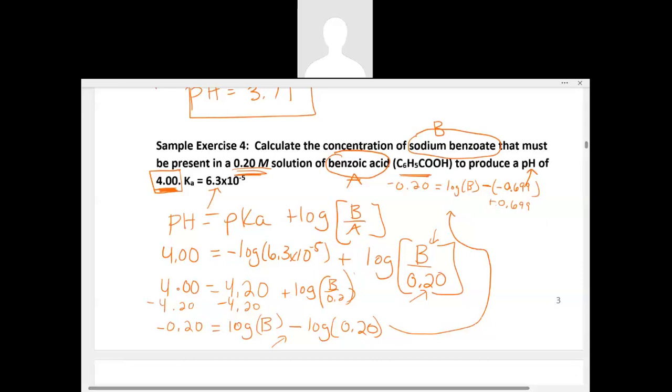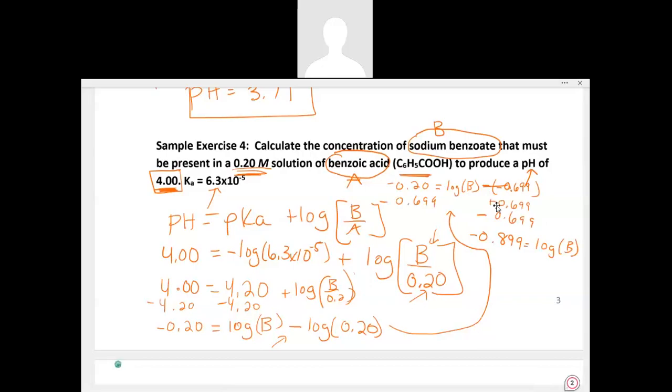To combine like terms, I have to subtract 0.699 from both sides. So finally, I get negative 0.899 equal to the log of my base.